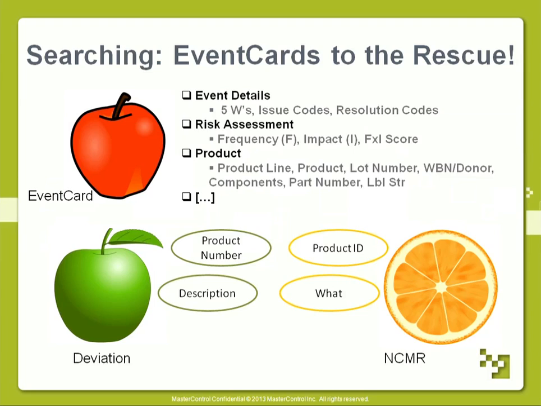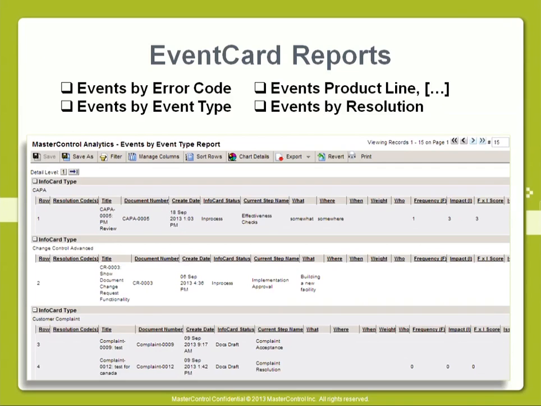The result is that you can now query or report on your event cards and say, give me all my events for a specific product line or product number with a risk score greater than 8, and maybe looking for specific keywords in the description fields. Now you do a single search with 3-4 parameters, and you get a report that pulls all of these in.